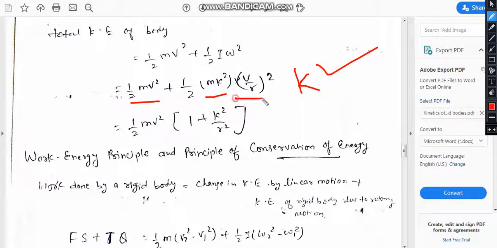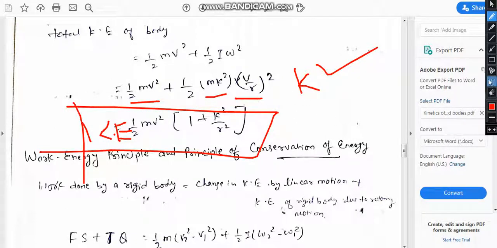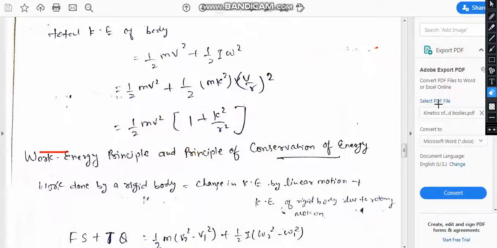By solving this equation we find half mv square into 1 plus k square upon r square. So this is the total kinetic energy of the body. Now the next topic is the work energy principle.